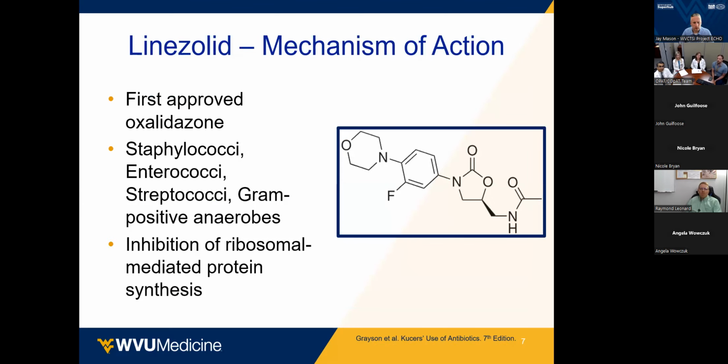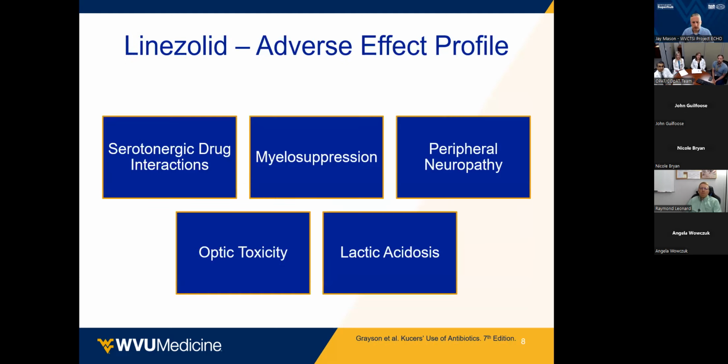Next, I wanted to briefly touch on linezolid. We won't go into a similar spectrum of activity. It's a little bit different in that it works on protein synthesis within bacterial cells. A number of adverse effects and interactions have been described in the literature, including serotonergic drug interactions, myelosuppression, particularly thrombocytopenia, peripheral neuropathies, and other neurotoxicities such as optic neurotoxicity, and lactic acidosis.